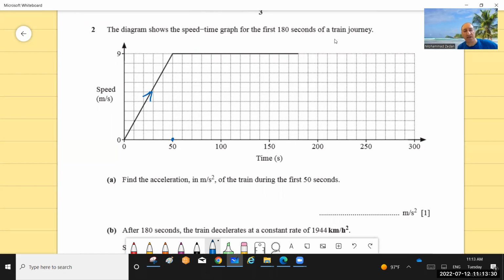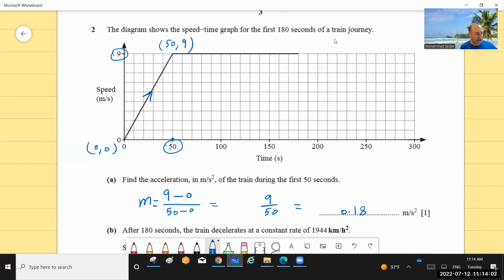The gradient of this line is simply difference in y over difference in x, or simply 9 over 50. You remember the rule. This is the origin point 0 and 0, and this point is 50 and 9. We know that the slope of a line passing through 2 points is y2 minus y1, 9 minus 0, over x2 minus x1, 50 minus 0. So it's simply 9 over 50, which is 0.18 meters per second squared.